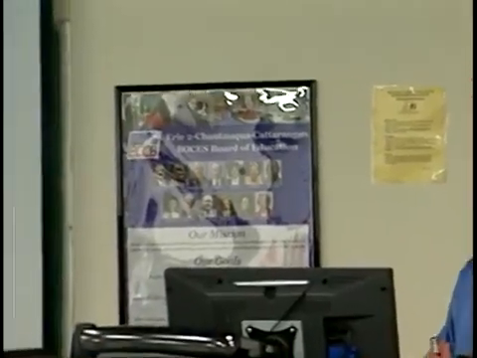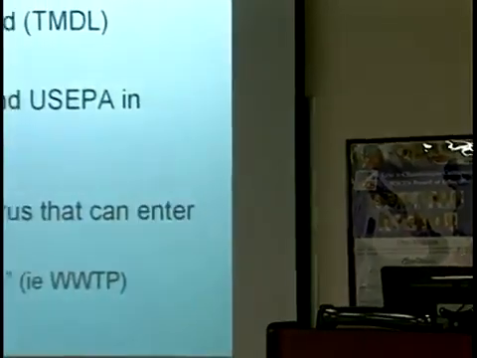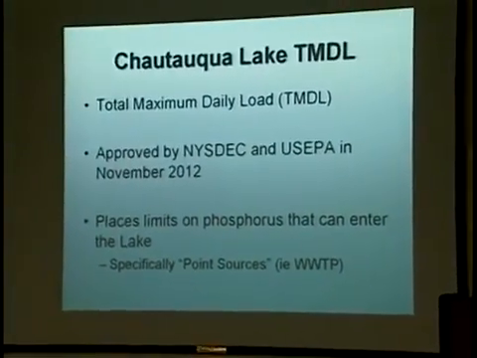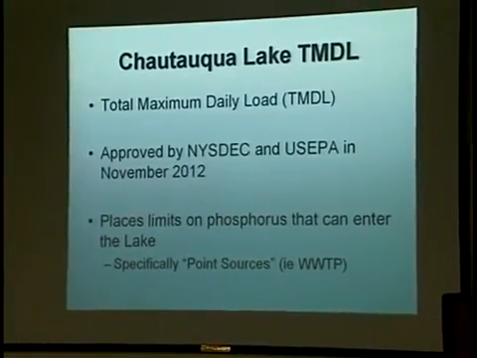The EPA developed this list or document, which was the predecessor of the total maximum daily load, which is what I'll speak about the rest of this talk. The total maximum daily load for Chautauqua Lake, let me take one step back. The EPA was going through and developed the criteria for determining what was impaired and what was not impaired.